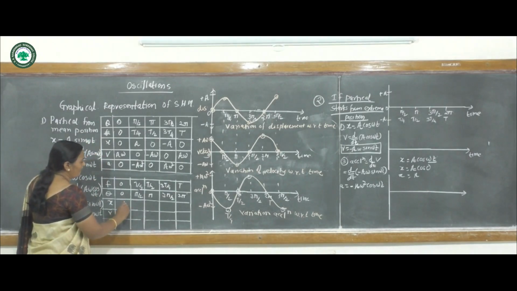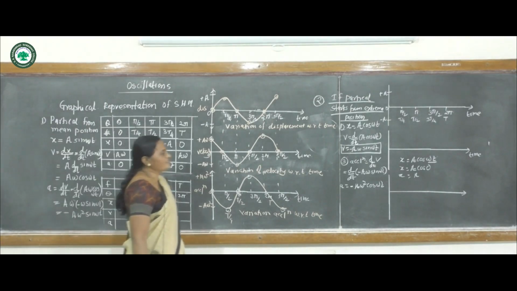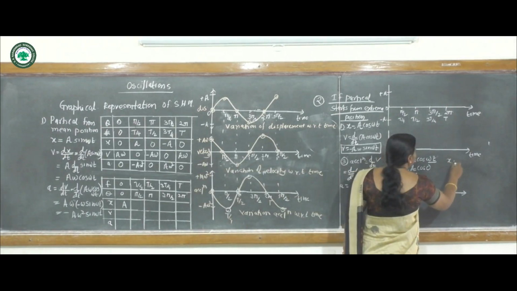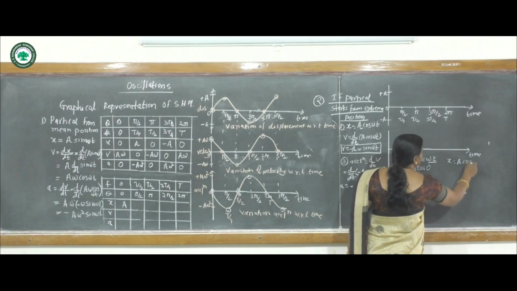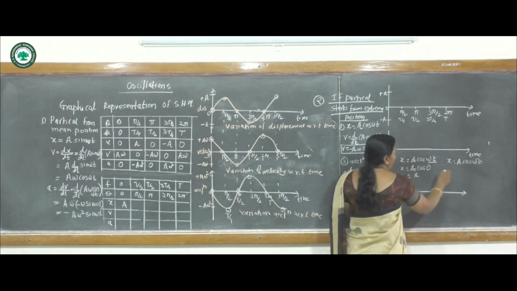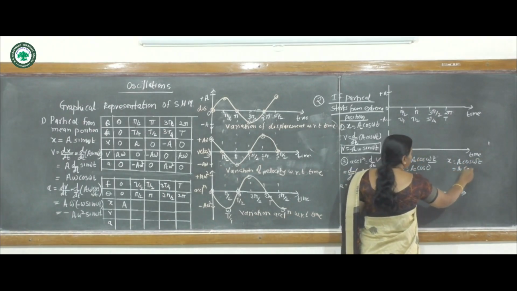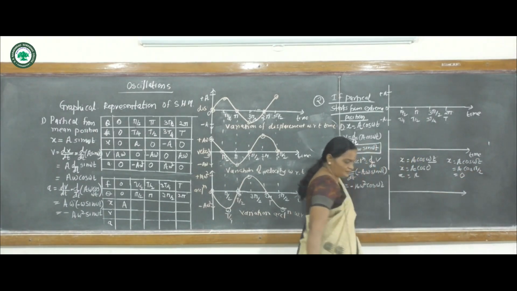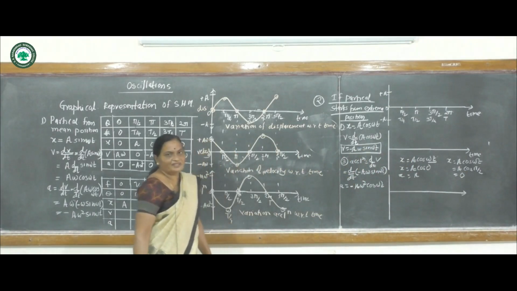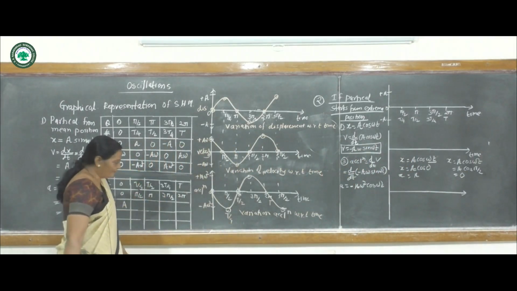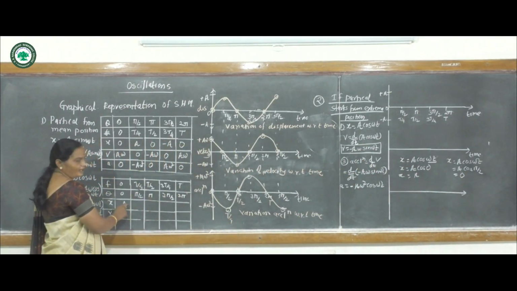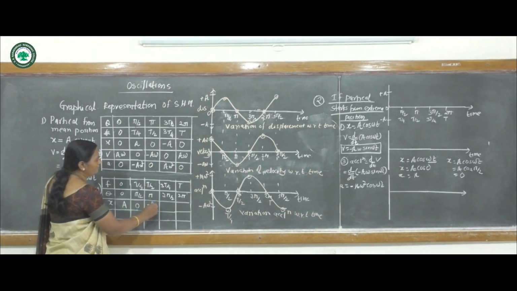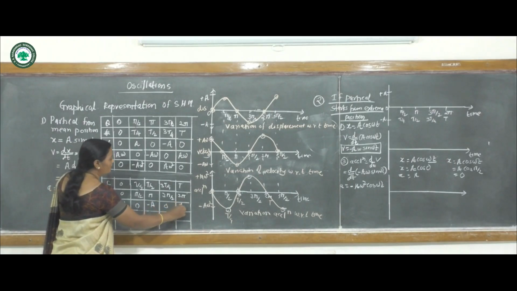The next value is x equal to a cos pi by 2, and cos 90 is 0, therefore the displacement is 0. The next values are minus a, 0 and plus a.